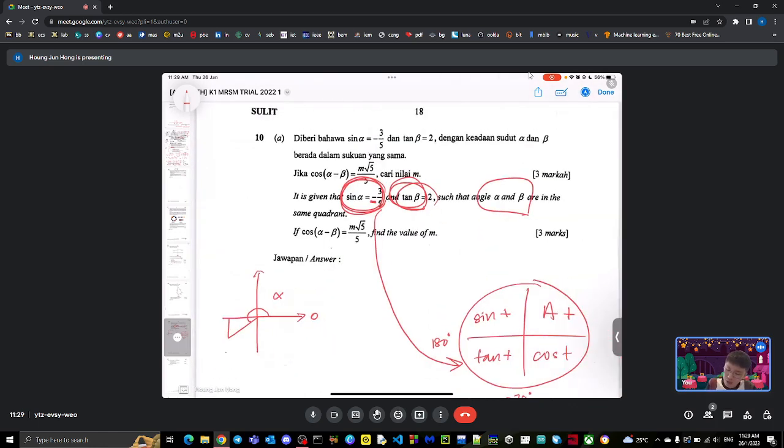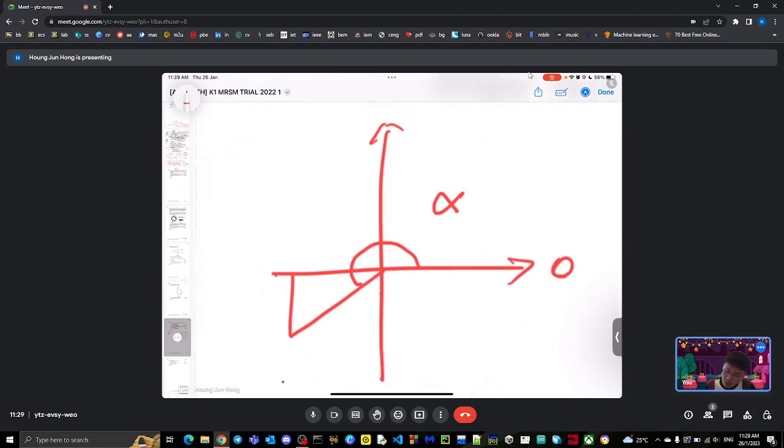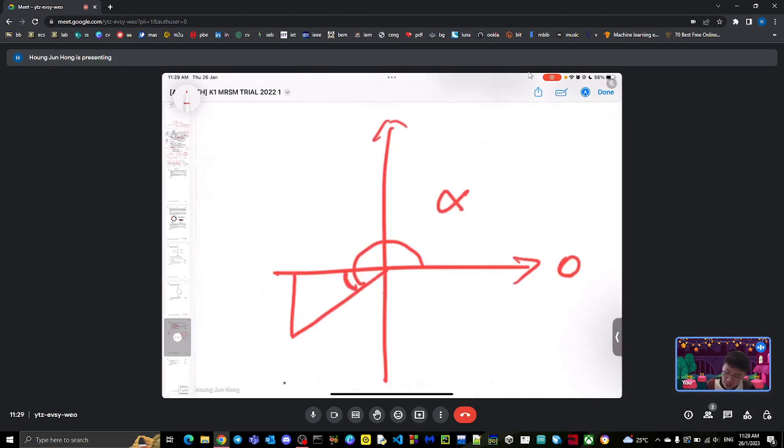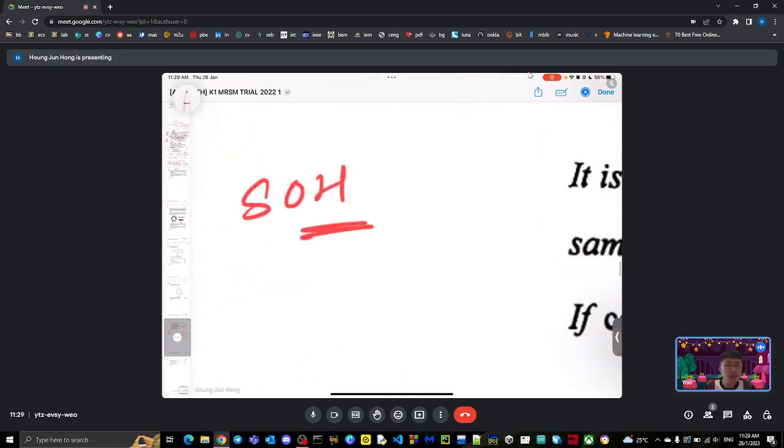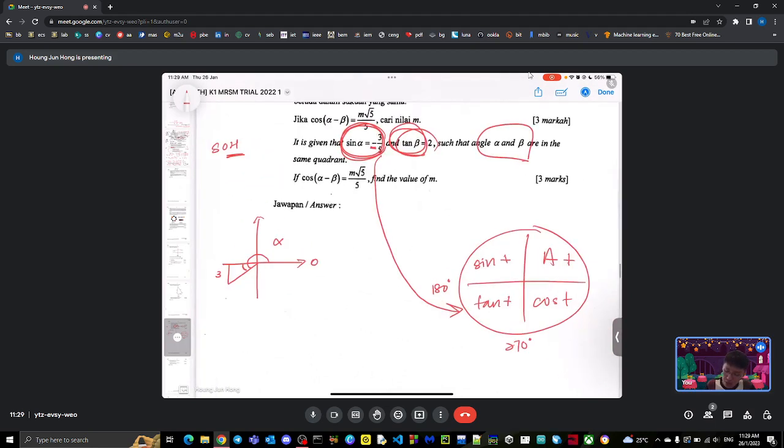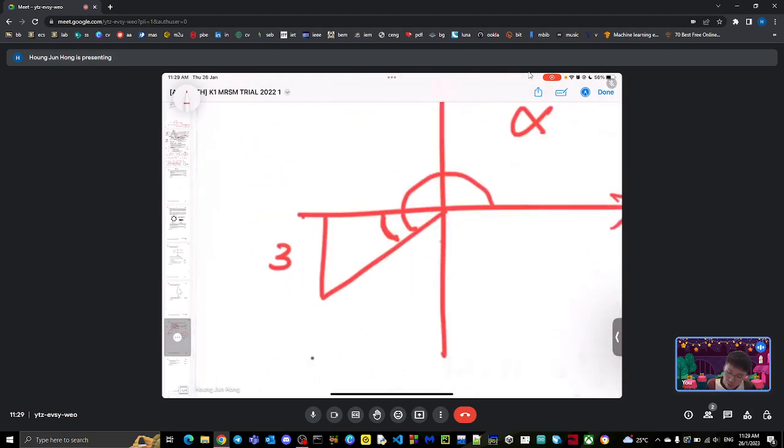First of all, we know that sine is SOH, opposite over hypotenuse. The opposite of this angle would be 3, and the hypotenuse would be 5. Now, why is it negative? Because the 3 has a negative sign, since it is below the x-axis.